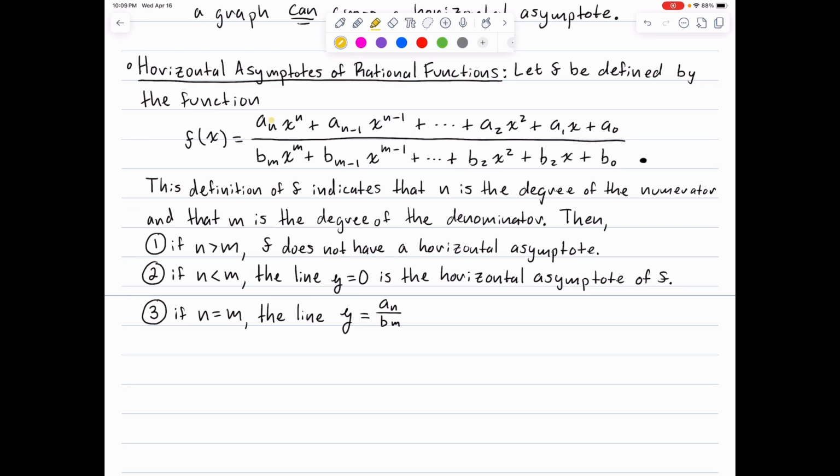And that's just the leading coefficients of your numerator and denominator.